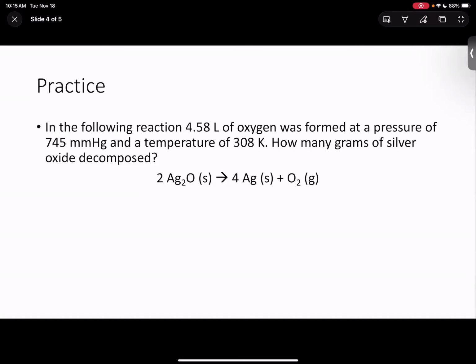We have been asked to figure out the grams of silver oxide. We are told that we have 4.58 liters of oxygen at a pressure of 745 millimeters of mercury and a temperature of 308 Kelvin.